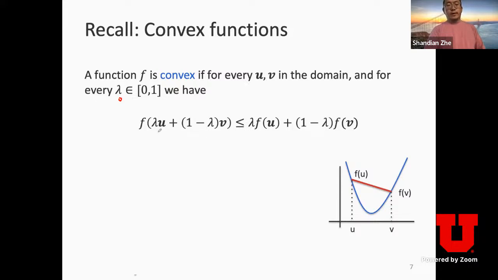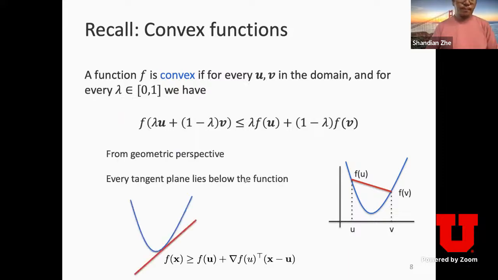Basically it says if you take a convex combination of u and v in terms of lambda, and then evaluate f at that combination, it will be less than or equal to first evaluating f at u and v, and then taking the combination of the function values. That is called the convex inequality.